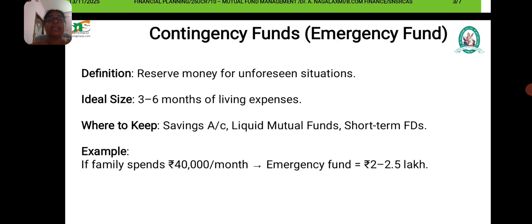It can be kept liquid, in a savings account, liquid mutual funds or short term FDs. They have given an example. If a family spends 40,000 rupees per month, the emergency fund needed is 2 to 2.5 lakhs. This is how we have to allocate the fund for emergency situations.